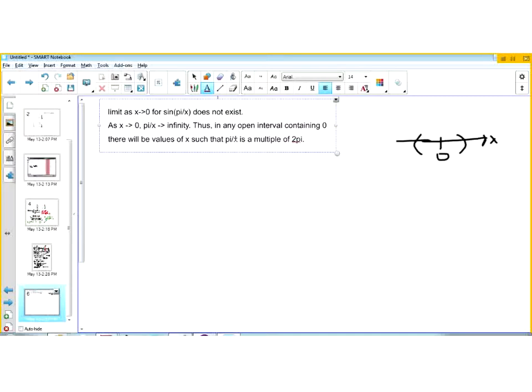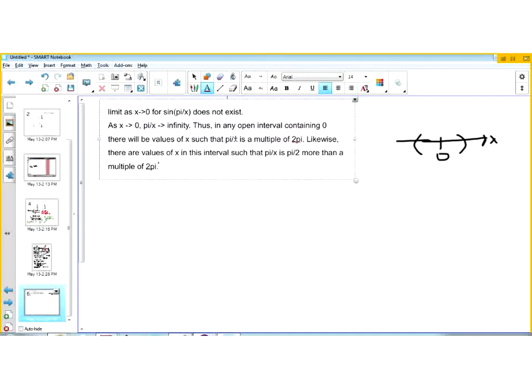So you understand this. So likewise, there are values of x in this interval such that pi over x is pi over 2 more than a multiple of 2 pi.